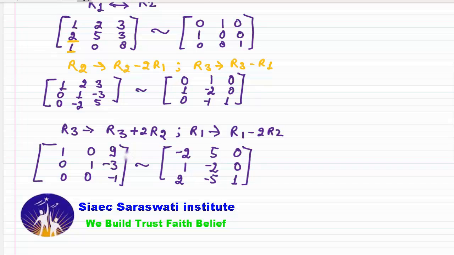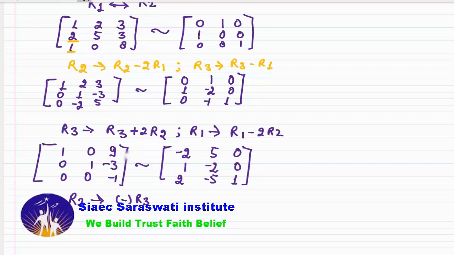Now in the place of this corner element, the third row third column element, that must be 1, but here it is minus 1, so we will multiply R3 with minus.